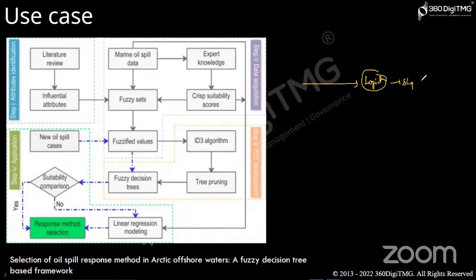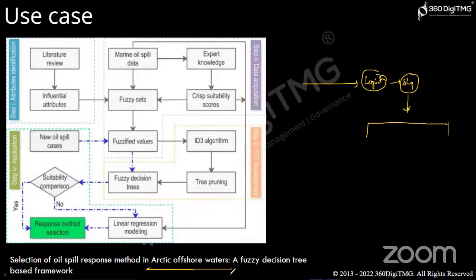When any unforeseen incident happens, the oil that is being taken through the ocean will be spilled in the ocean, and that is a very hazardous condition. Usually we see these conditions in Arctic offshore waters, and the spills respond because of that method.